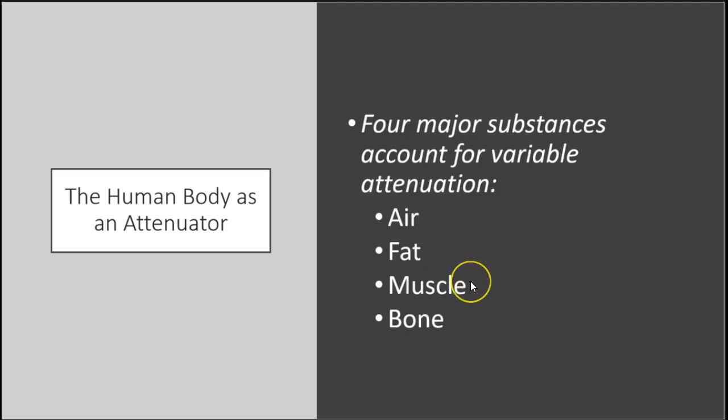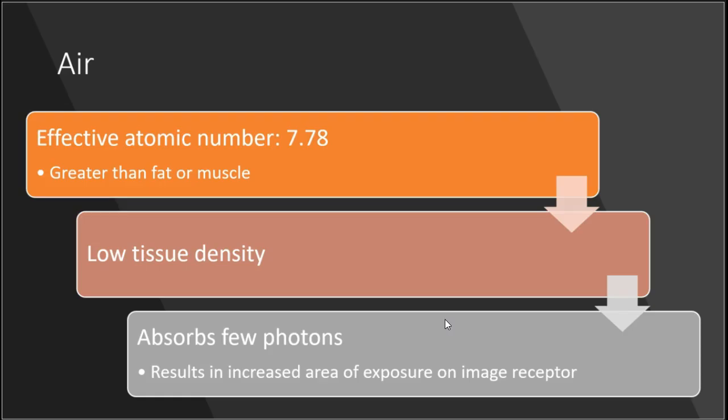Where muscle is going to absorb more, it's more compact, has a lot more water in it, and is going to absorb more of the photons, so it's going to give you a lighter gray on your image receptor, whereas bone is going to absorb a lot of them, and it's going to look white as there's very, very few photons getting through to hit your IR.